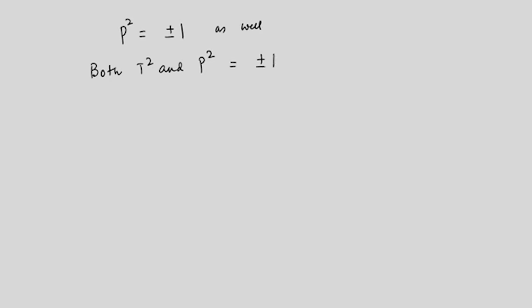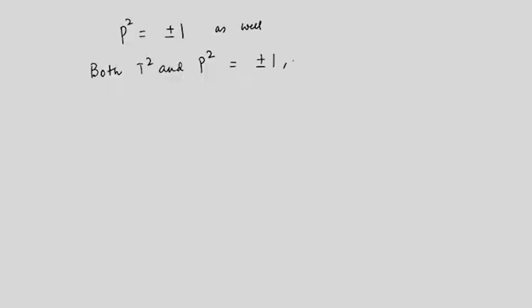Now it's also true that a system not having time reversal symmetry or not having particle hole symmetry should also have values for T squared and P squared, and in that case, the trivial cases where there is no time reversal symmetry or no particle hole symmetry, we write T squared and P squared equal to 0. So now you see that T squared has all these three values: +1, -1 and 0, and P squared has +1, -1 and 0.